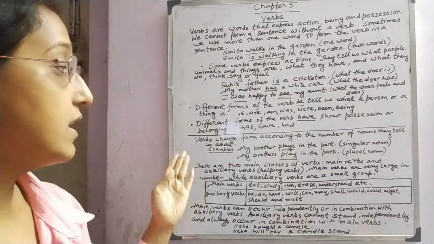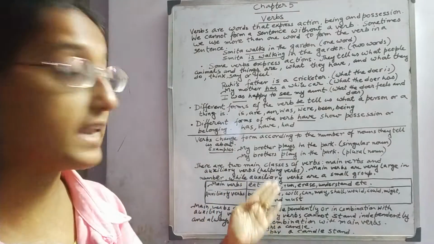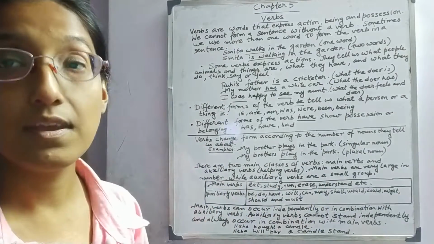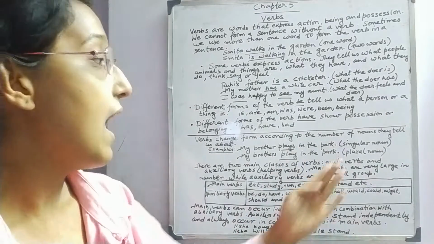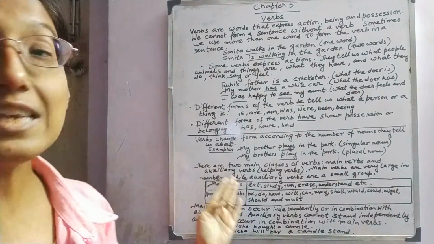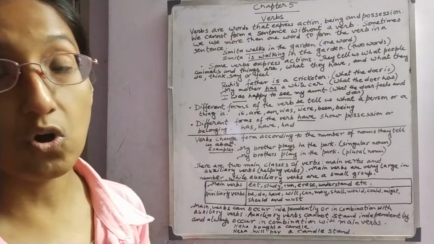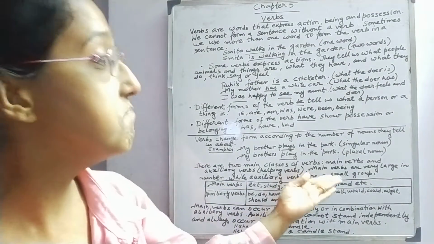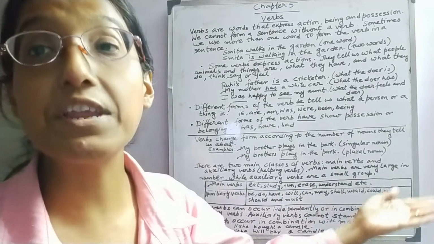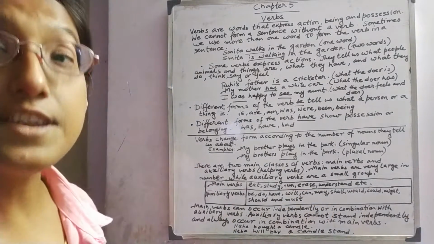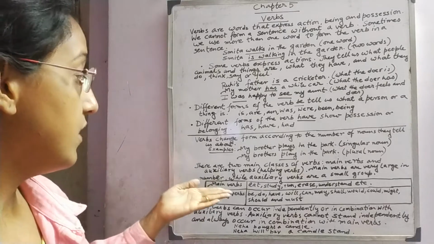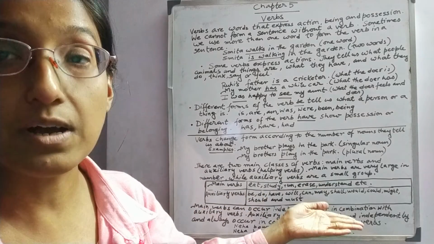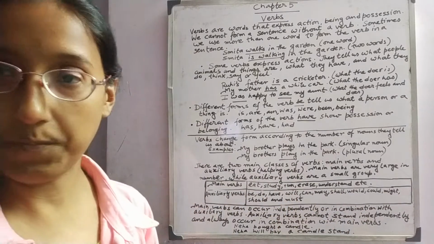Now students, there are two main classes of verbs, main verbs and auxiliary verbs, which are also called helping verbs. Now students, main verbs are very large in number, while auxiliary verbs are a small group.